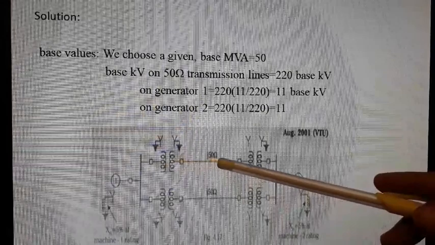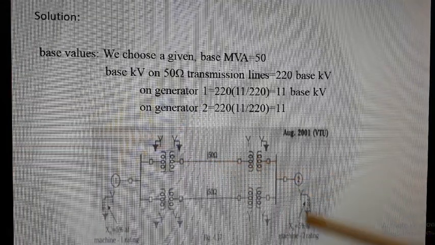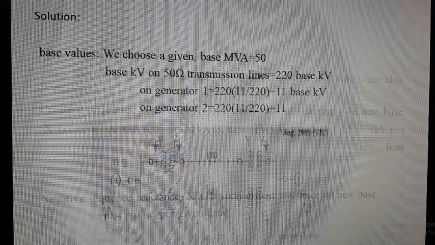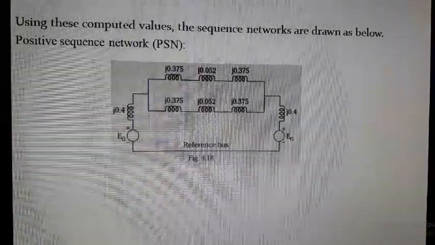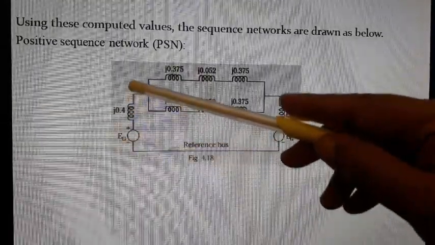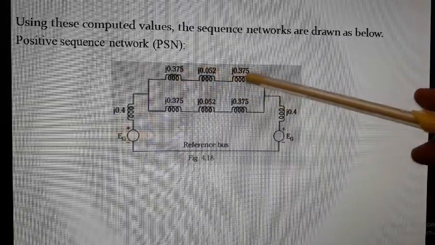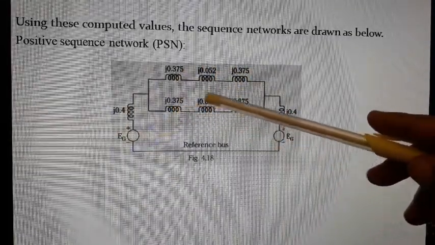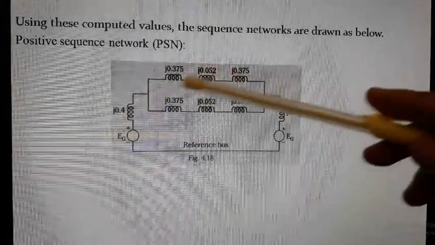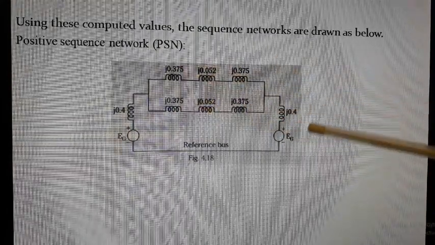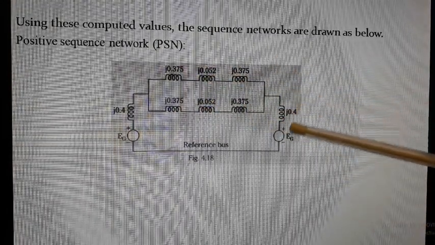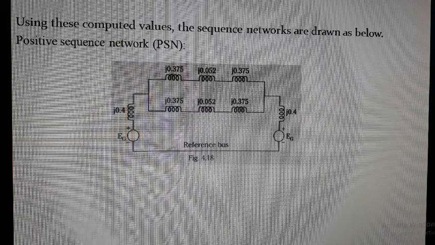The transformer is also replaced by a reactance, like that. So when we replace, the positive sequence network can be written as a voltage source in series with the transformer reactance, transmission line, transformer, transformer, transmission line, and another transformer, double line, and then comes generator 2. So an EMF source in series with this one.